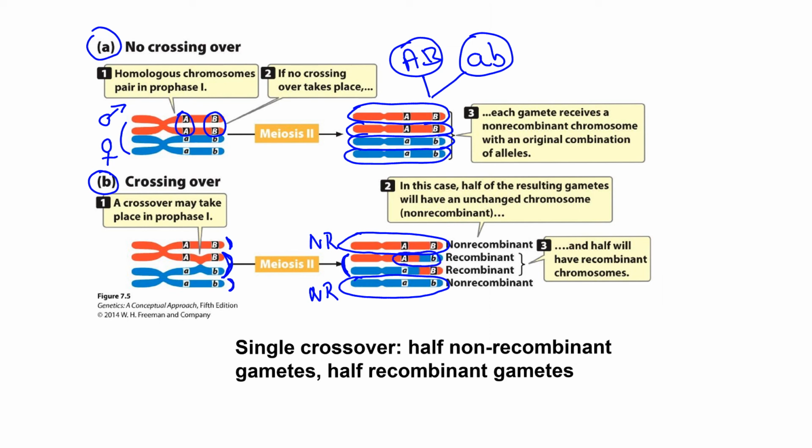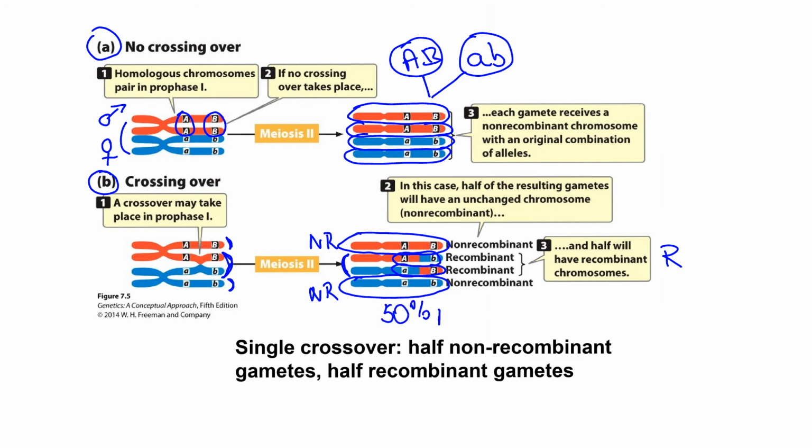They are recombinant. Now, did you notice, if crossing over takes place between two non-sister chromatids, you will have 1/2 or 50% of gametes which carry non-recombinant alleles, and 50% of gametes which carry new combinations. They will be recombinant.